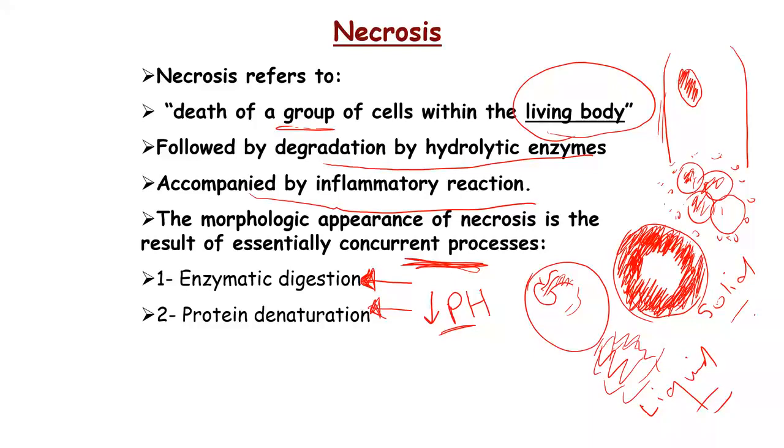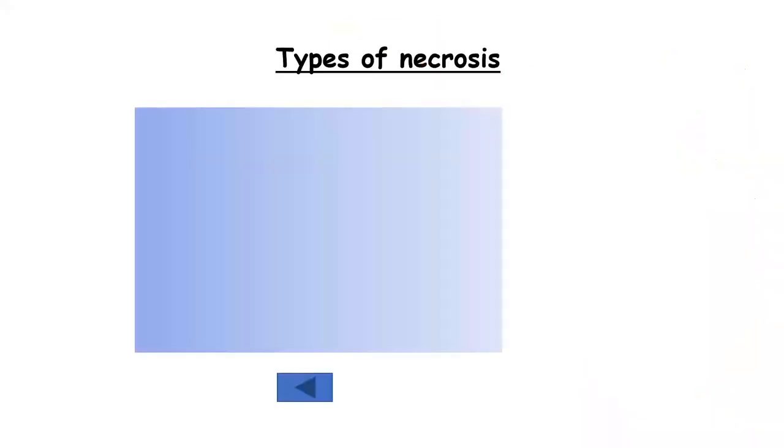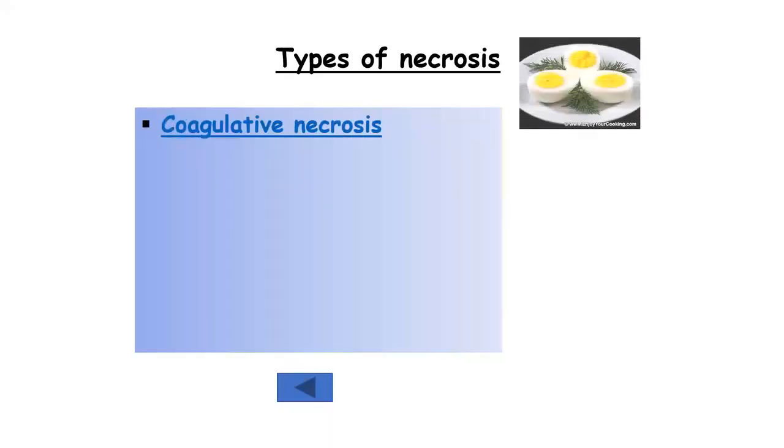In protein denaturation the cell becomes solid; in enzymatic digestion the cell becomes liquefied. So whether the morphologic appearance of necrosis is solid or liquefied results from these two processes, and whichever takes the upper hand gives a certain morphology.